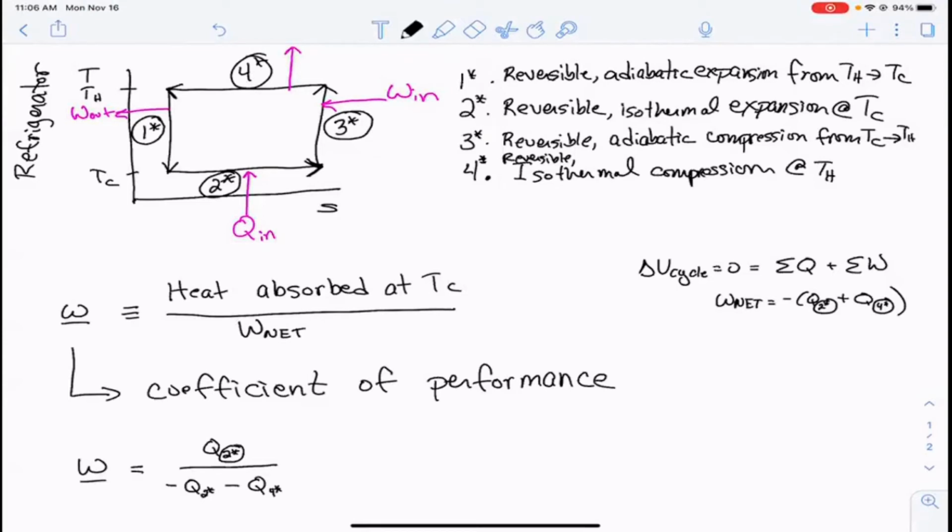And for those individual steps, 2 and 4, we have a reversible isothermal expansion or a reversible isothermal compression. And so if you remember our entropy balance, the generated entropy is equal to delta S of our system minus Q over T surroundings.